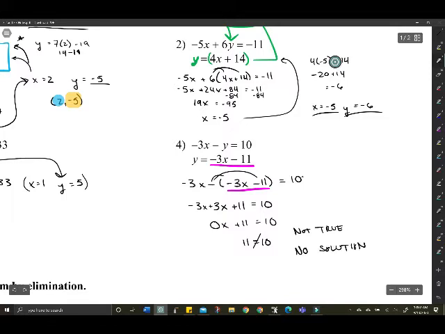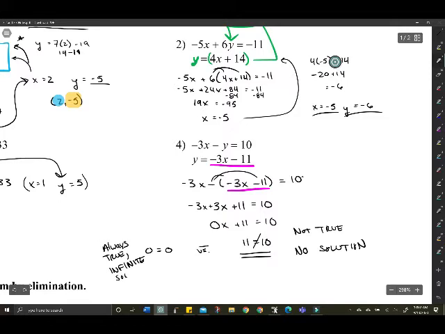So if you're left with an expression that is not equal, then it's not true. On the flip side, if you have something like 0 equals 0, that is always true, which is infinite solutions.